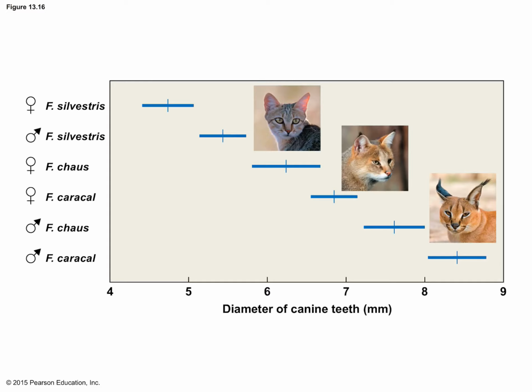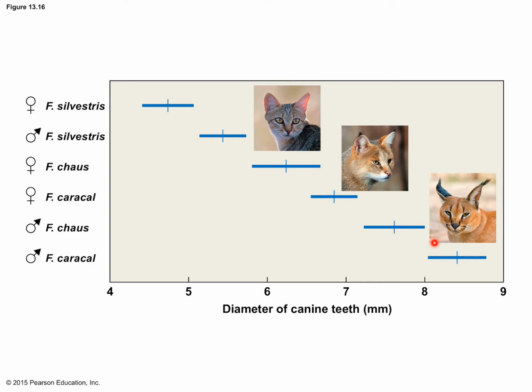All right. So what you see here is that if you plot the difference in tooth sizes, it gives a very regular pattern with almost no overlap in terms of diameter of the canine teeth along the x-axis. And this suggests that selection has reduced the overlap of tooth size and thus the size of prey taken. So you can see very clearly the average canine size shown by the vertical line with probably a 95% confidence interval around that, and there's almost no overlap.